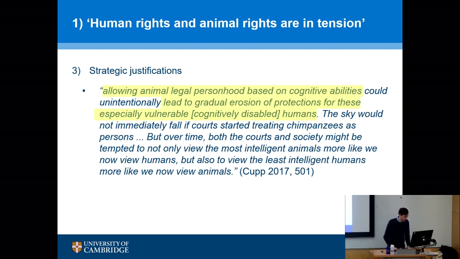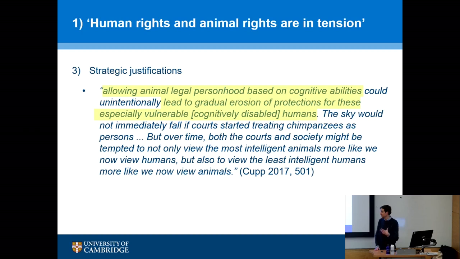He goes on in a rhetorically powerful way. He says, the sky would not immediately fall if courts started treating chimpanzees as persons, but over time both the courts and society might be tempted to not only view the most intelligent animals more like we now view humans, but also to view the least intelligent humans more like we now view animals.